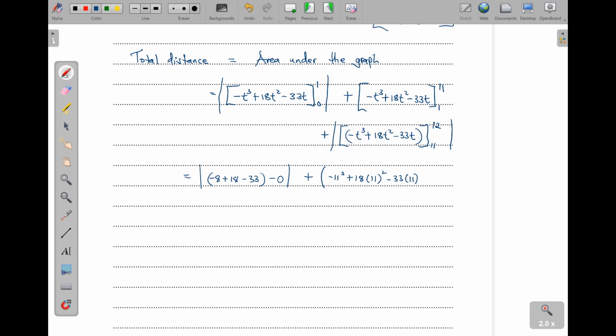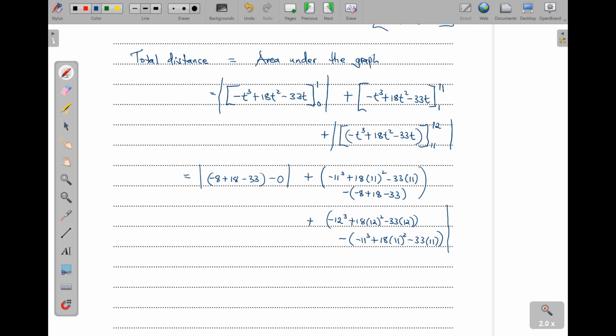Then after we can subtract, and you put 1, plus 18 minus 33. Then plus, now put negative 12 cubed plus 18, 12 squared, then minus 33 times 12. And then after that we shall subtract when we substitute in 11, negative 11 cubed plus 18, then 11 squared minus 33, then times 11.